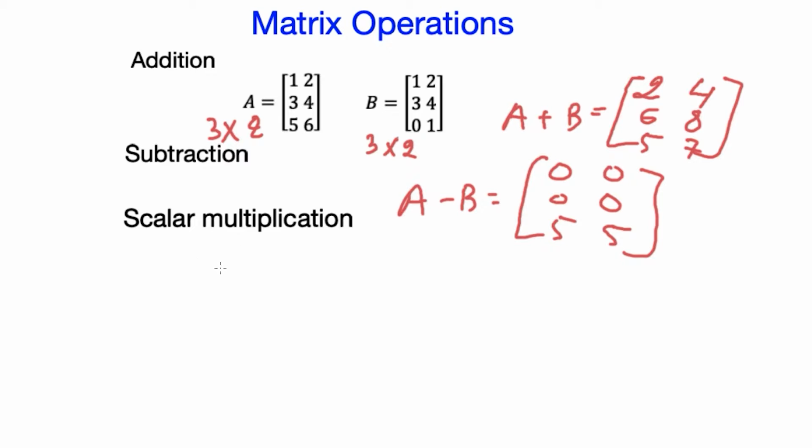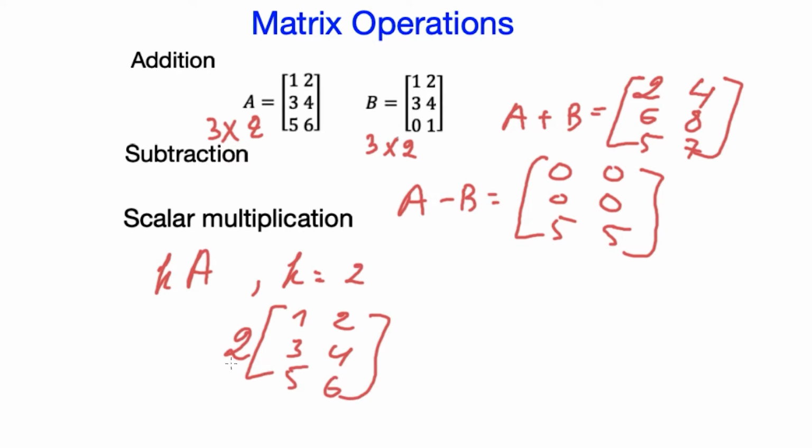We can also multiply a matrix by a scalar, for example K times A. In this case, if we take K equals 2, for example, 2 times this matrix, which is 1, 2, 3, 4, 5, 6, will be K times A, which is 2 times 1, which is 2, and 2 times 2, which is 4, and 2 times 3, which is 6, 2 times 4, which is 8, and 2 times 5, which is 10, and 2 times 6, which is 12.